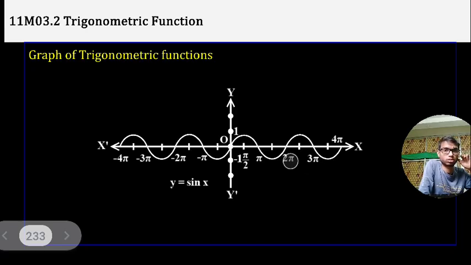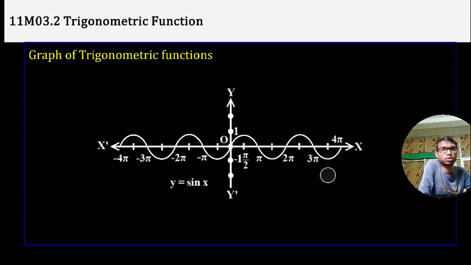Same here at this intersection, y is 0. Here it is 2 pi, then 1 more pi, so of course 180. So sin 180 is 0.